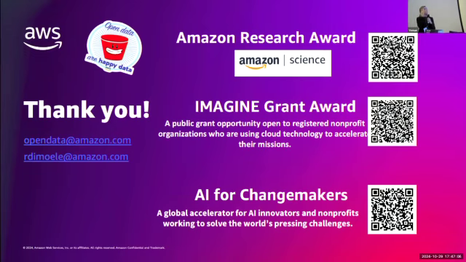And we also have the Amazon Science Research Grants. It's the first one you can go and see. Every quarter we have different types of applications that you can also submit. We have the Imagine Grant Award and the AI for Change Making Awards, among many others. Please go online, and we would love to hear from you.